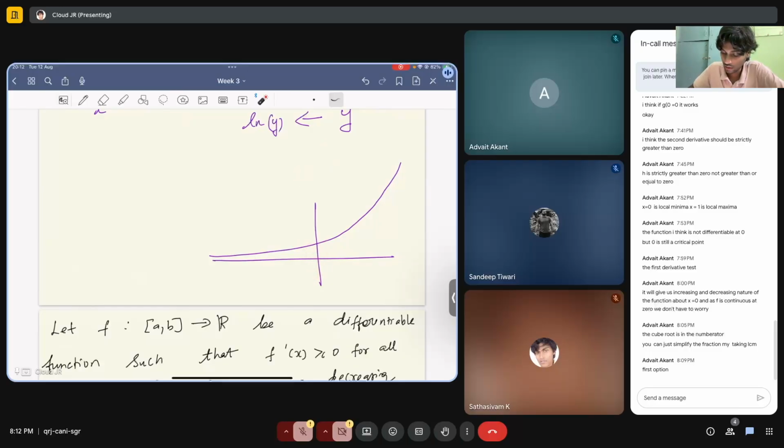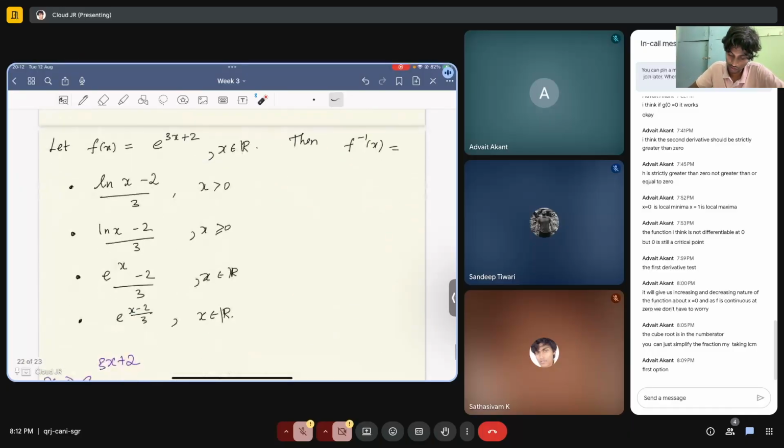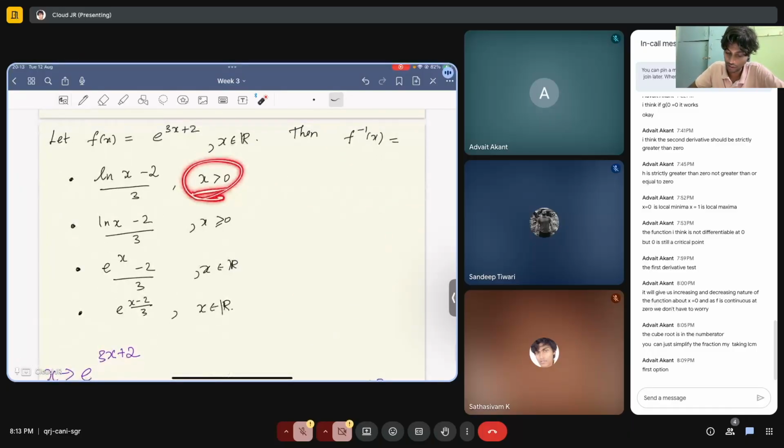So the domain of the inverse starts from open 0 to infinity. That's very crucial, because here x has to be greater than or equal to 0. When you go with the inverse function, the domain has to be from 0 to infinity, which is the same as this. So these two are the same.